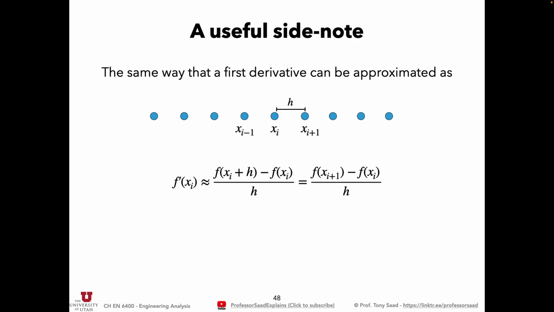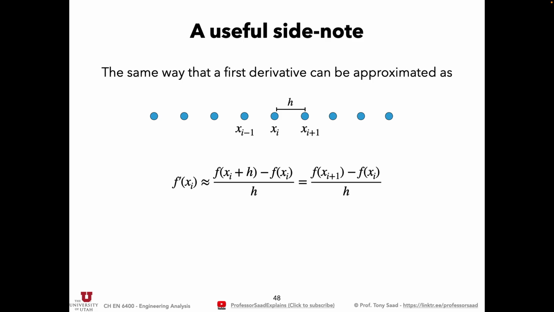So assume you have the function at these specific points, and these points are all equally spaced, and the spacing is h, and you want to evaluate the derivative at some point x_i, then simply the equation applies: f of x_i plus h minus f at x_i over h. That gives you the derivative at x_i, okay? Or in other words, this is f of x_{i+1} minus f of x_i over h.